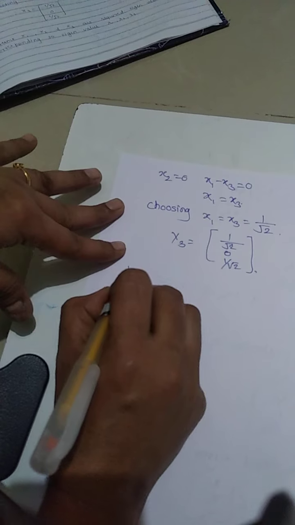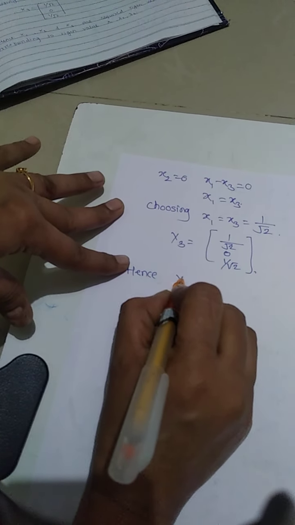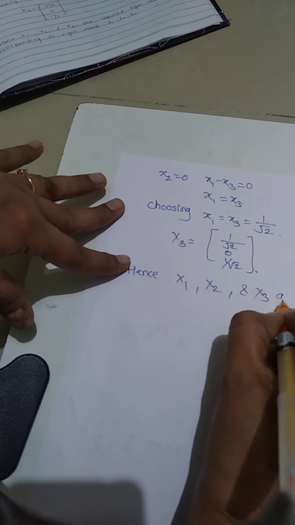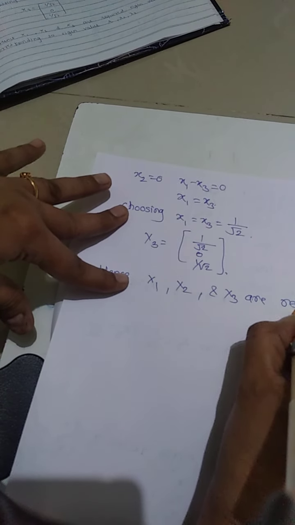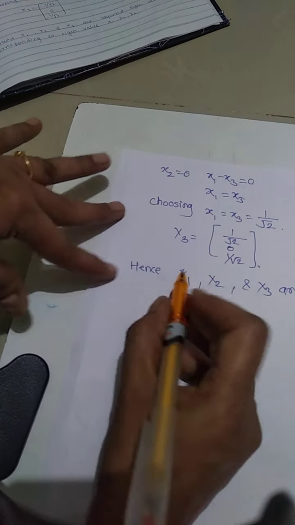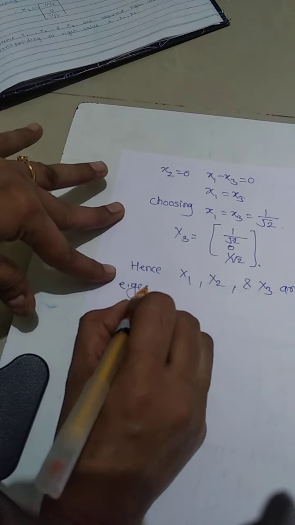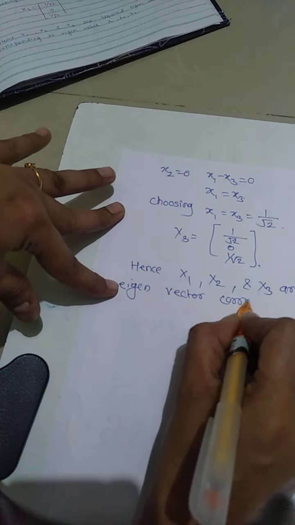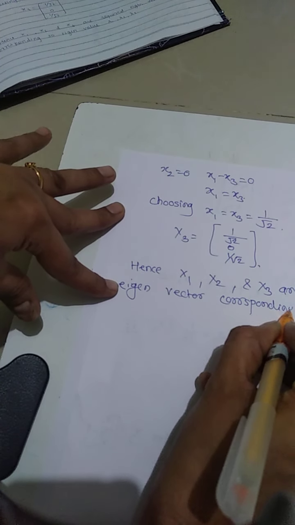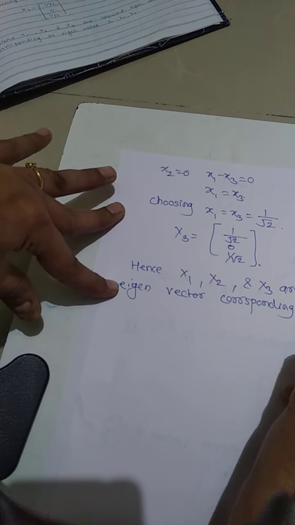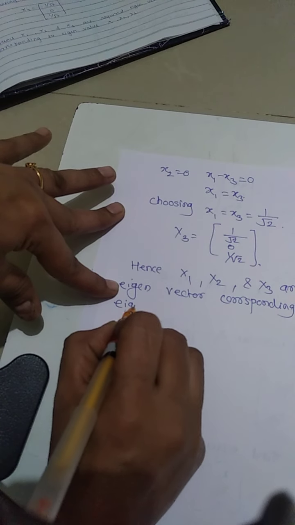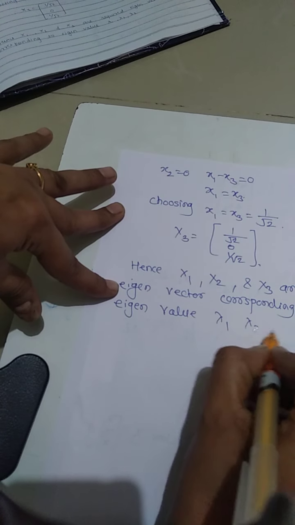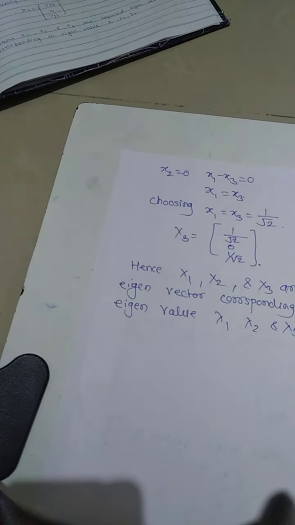And then hence X1, X2 and X3 are the required eigenvectors corresponding to the eigenvalues lambda 1, lambda 2 and lambda 3.